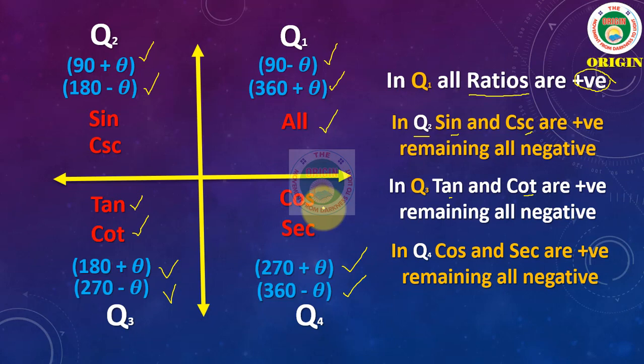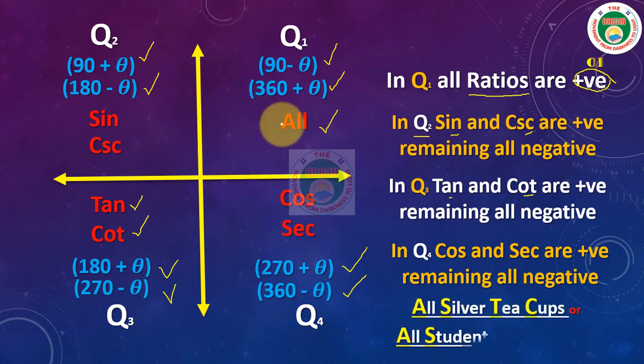Okay, so first we discussed the angle, and in the second step we discussed the trigonometric ratios, which type of trigonometric ratios exist in the quadrant. So for easy remembering, we can write A S T C. A S T C, that means all silver teacups. Quadrant 1, quadrant 2, quadrant 3 and quadrant 4. A, all trigonometric ratios are existing.